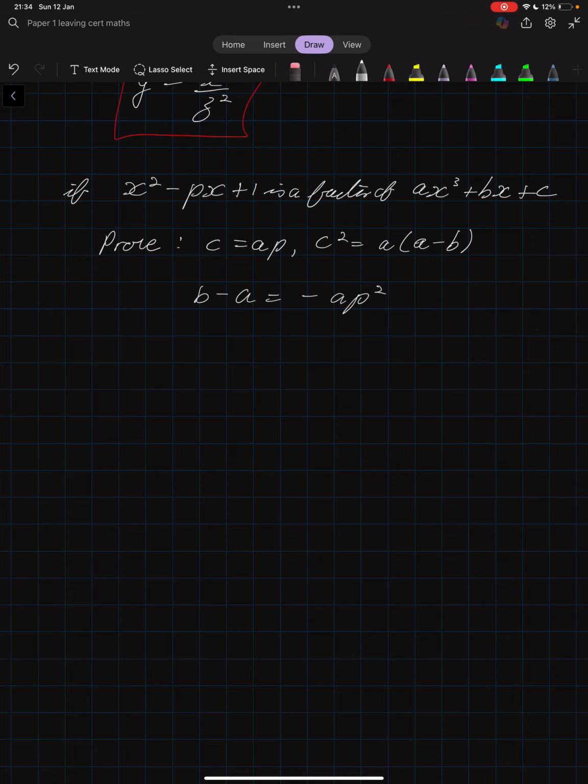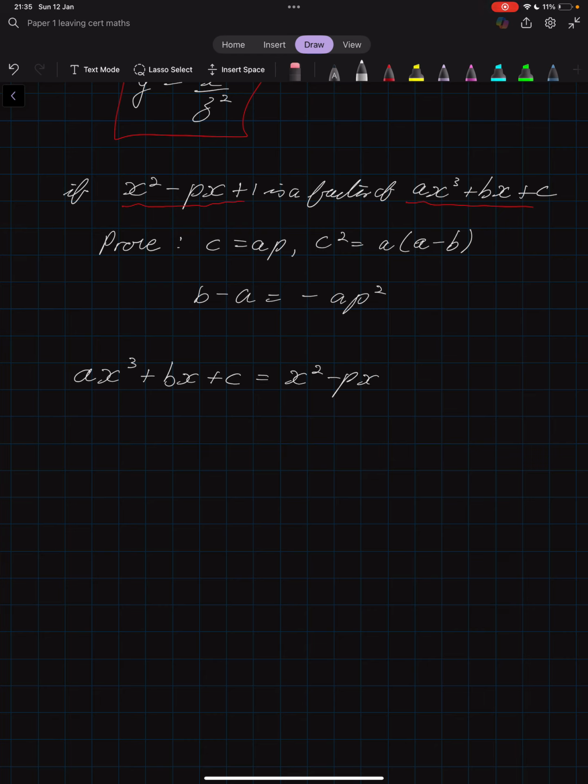So if this is a factor of this, what does that mean? That means, and this is the first time you're seeing this, that ax cubed plus bx plus c is equal to x squared minus px plus 1 multiplied by something else.